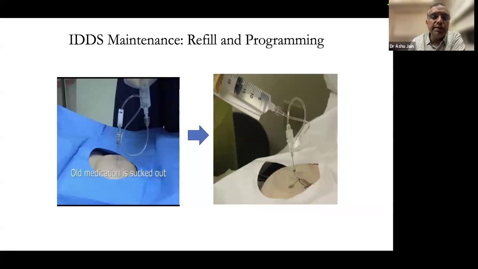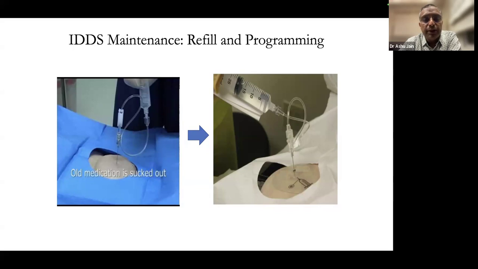And this is about the refilling, which is again very important. During refilling, like in a new pump also, if you have noticed in that video, there is always some fluid inside the pump. You should suck that out first. The same applies when you are refilling the pump. You should take out the leftover medicine. When you place your programmable device over the pump, it will tell you the remaining volume of the drug, and when you aspirate, it should match.